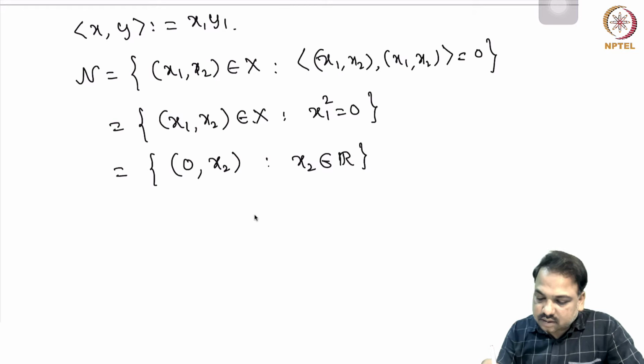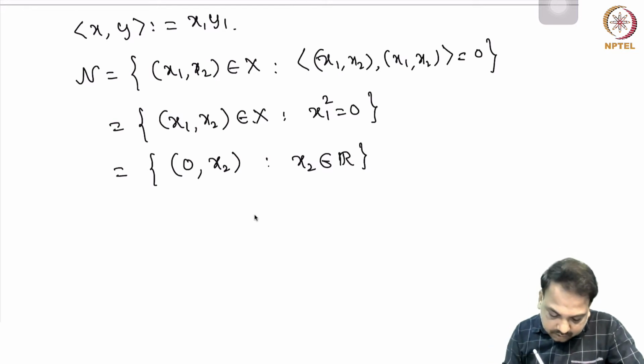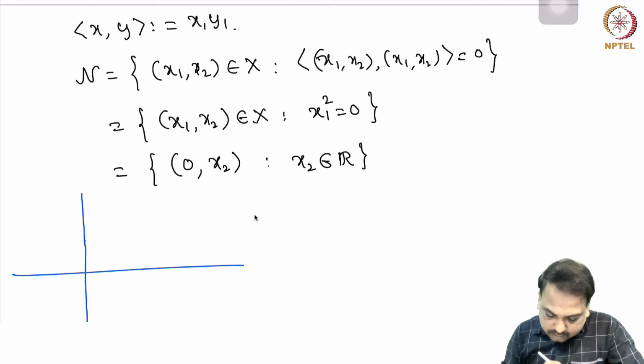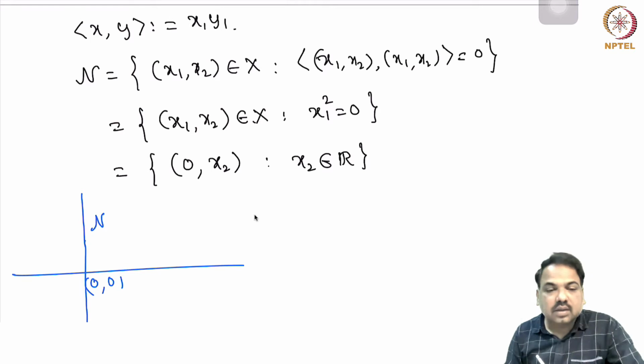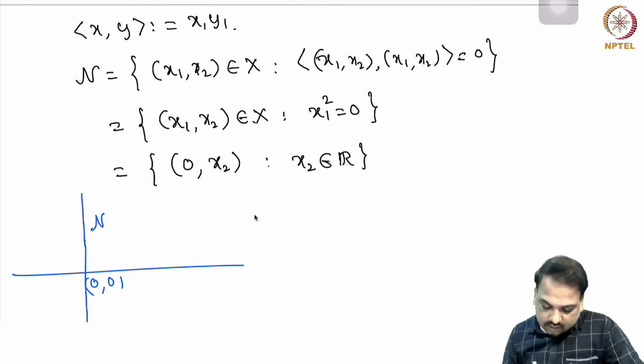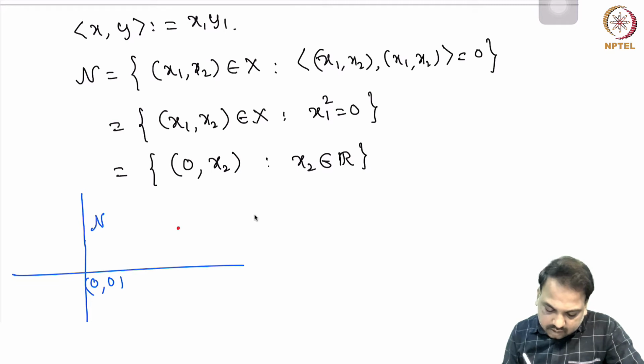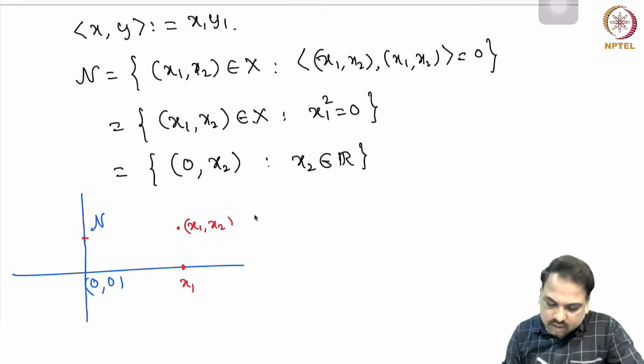So if you look at the picture in R2, this is (0, 0), this is our N. If you take x as (x1, x2), if I take a point here, this point will be x1 and this point will be x2.